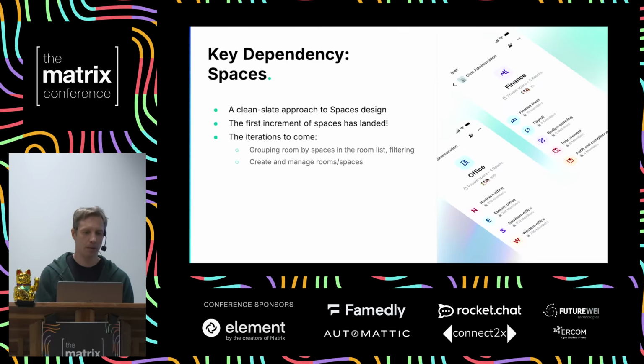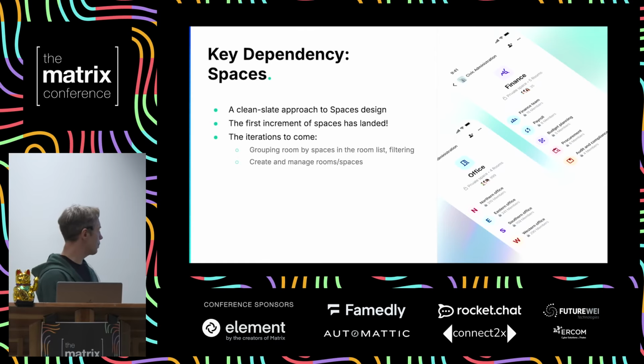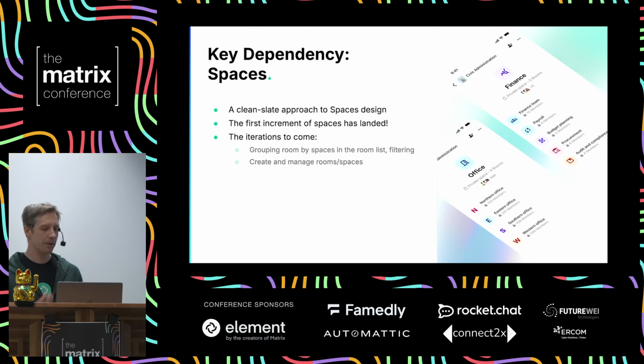And this will be followed up by two major iterations in the near term. One is, of course, creating and managing rooms and spaces, which we don't have yet. And the other one is grouping rooms in your room list by the spaces. So you have a more organized room list, and that's, again, done by spaces.